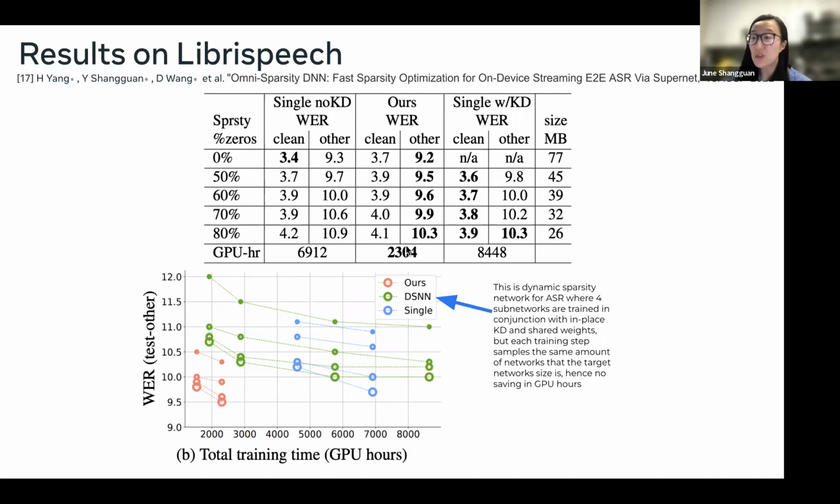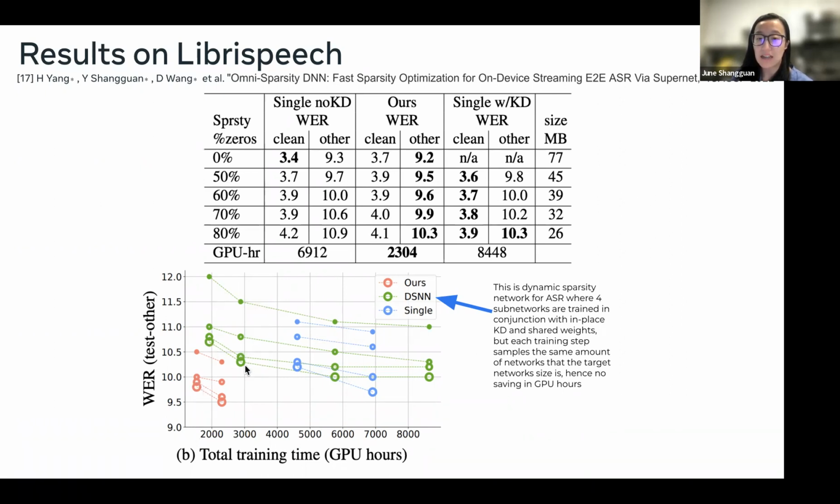When you look at GPU hours, our technique really surfaces as the winner, because we train 4 models and the dot size corresponds to the model size. With only 4 models, we can train very good quality with very few GPU hours.